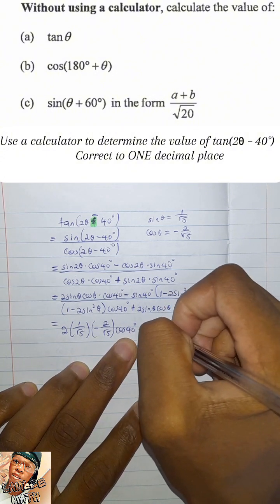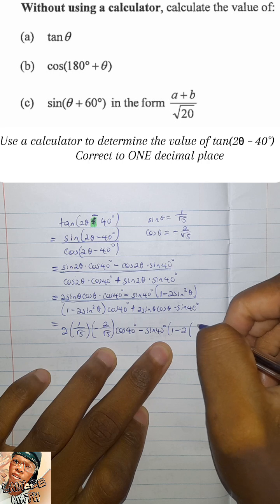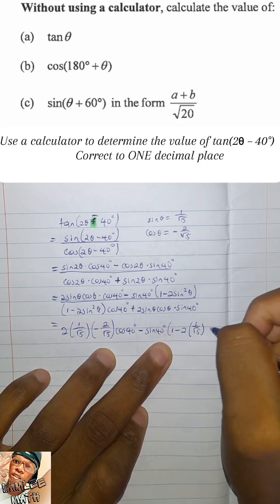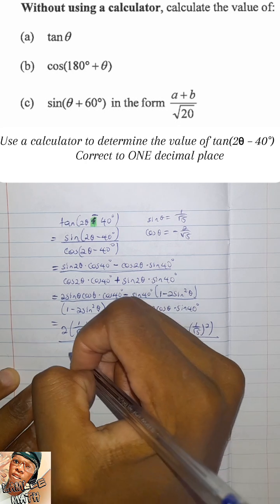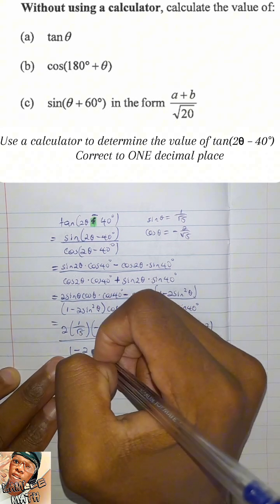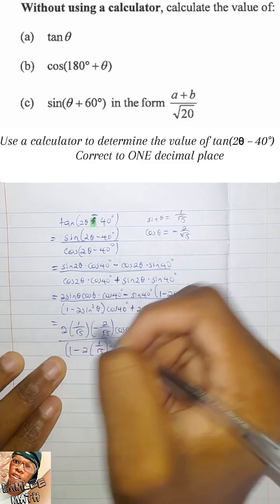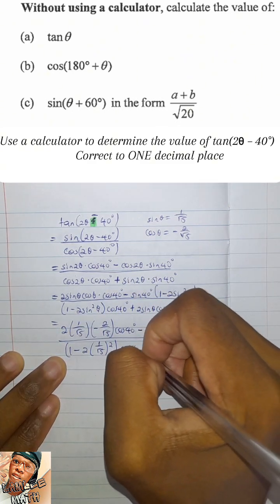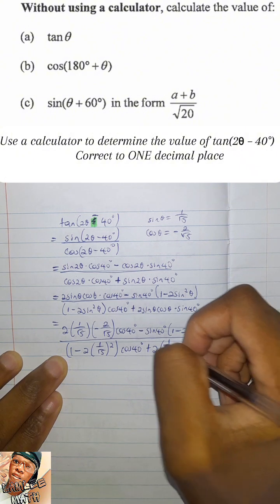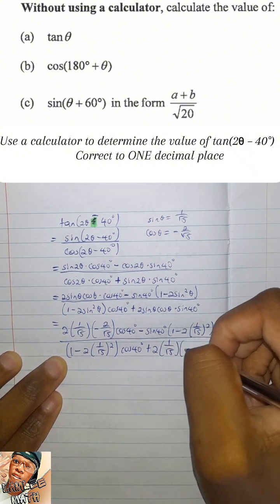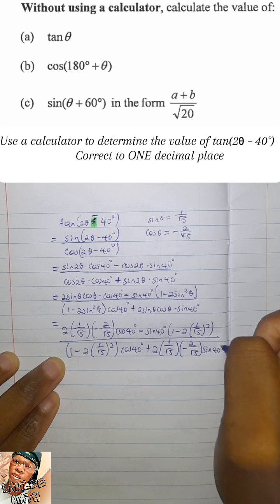So sine 40 degrees multiplied by 1 minus 2 times sine theta, which is 1 over root 5, the whole thing squared. This whole thing divided by 1 minus 2 times 1 over root 5 squared, multiplied by cos 40 degrees, plus 2 times sine theta, 1 over root 5, times cos theta, negative 2 over root 5, multiplied by sine 40 degrees.